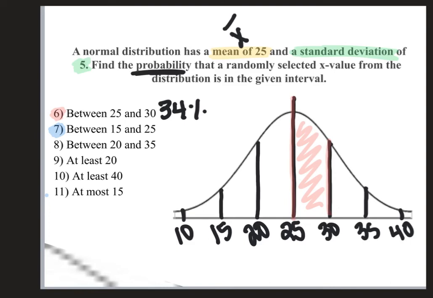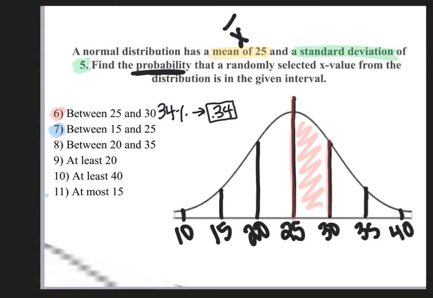When you're doing a probability, you're going to divide it by 100. So even though your percentage is correct, I'm asking you for probability. So if I ask you for percentage, leave it. If I ask you for probability, divide by 100. So even though your answer is 34%, I'm gonna change this to 0.34, and that is my answer. So move the decimal to the left 2 places or divide by 100.